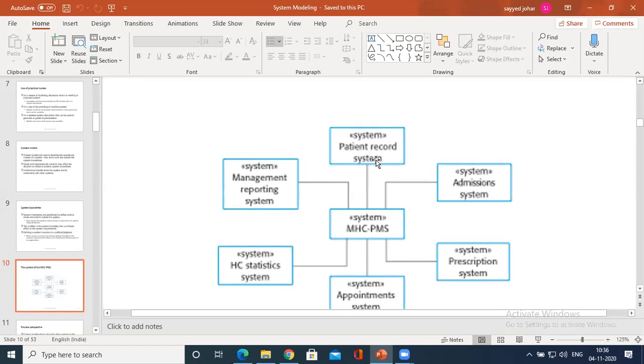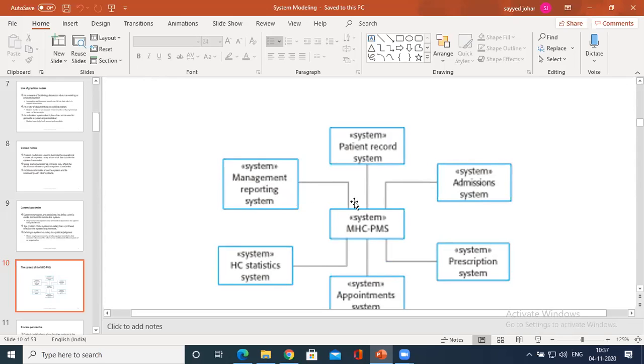To maintain the patient records, this is one of the systems. In order to administer, that is, when a new patient has come, we have to make an admission, so the admission system is one of the systems, right? Similarly, the management reporting system is one of the systems belonging to MHC-PMS.